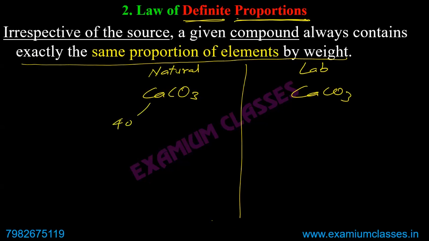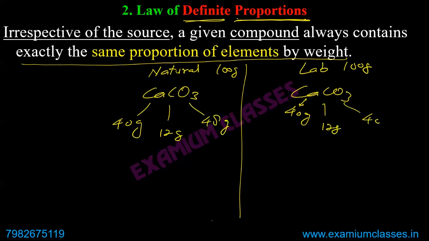If I have 100 grams, 40 grams of calcium, 12 grams of carbon, and 48 grams of oxygen, irrespective of from where I have got. Although this is not 100% correct, this is the rule you will remember. I'll tell you why it is not 100% correct.